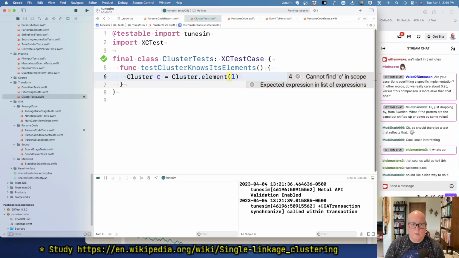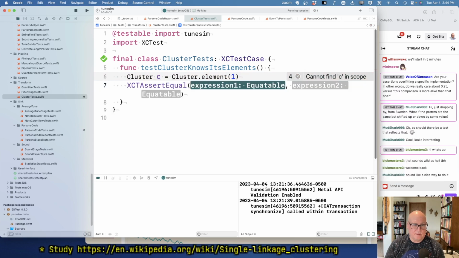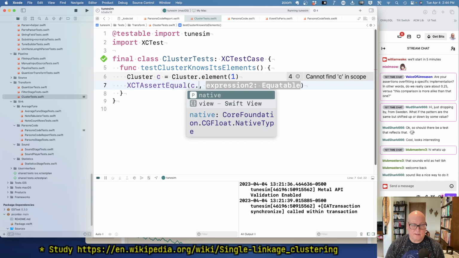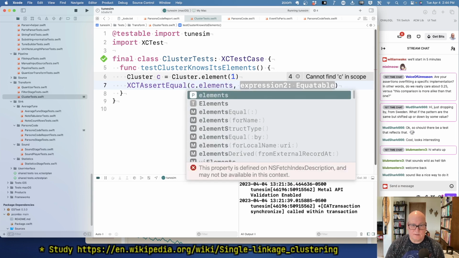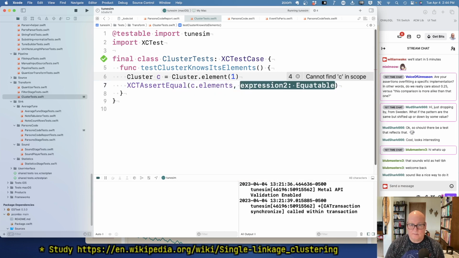Integer 1. And if I ask, let's assert equal c dot elements, it should be the set 1. We'll see. Okay, can't find C, can't find cluster, can't find element.